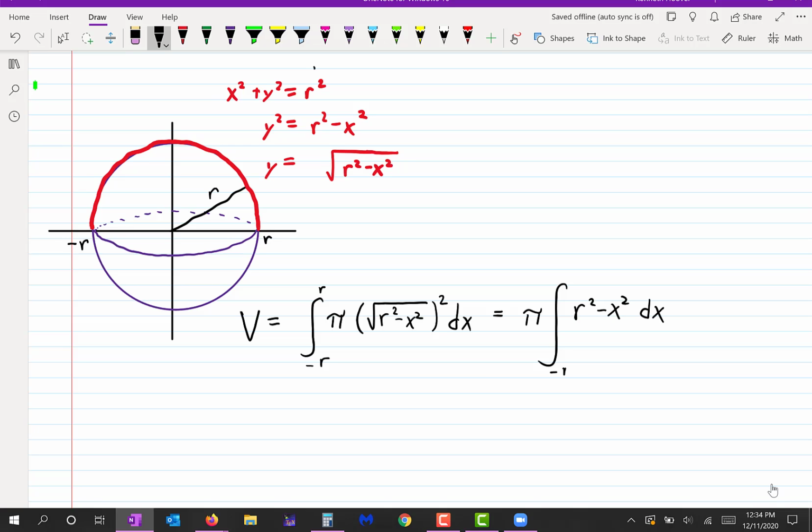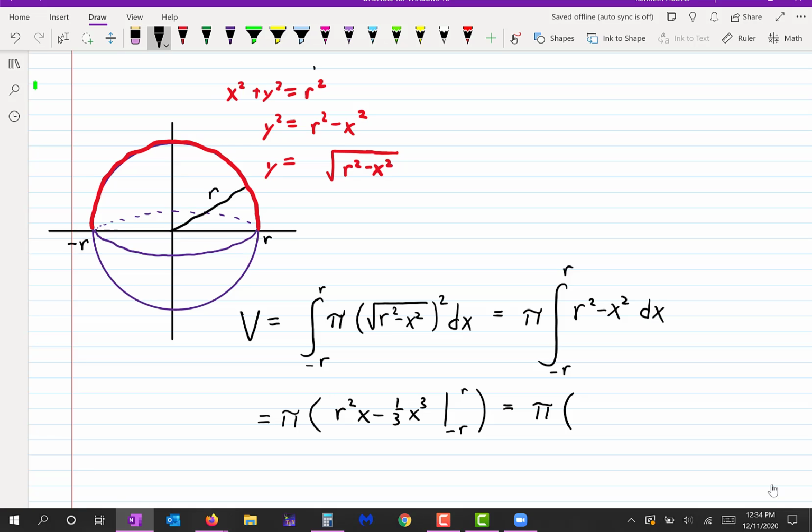So r is not a variable here, it's a number. Okay, so what would that give us? That would give us pi times r squared x minus 1/3 x cubed, x going from negative r to r.